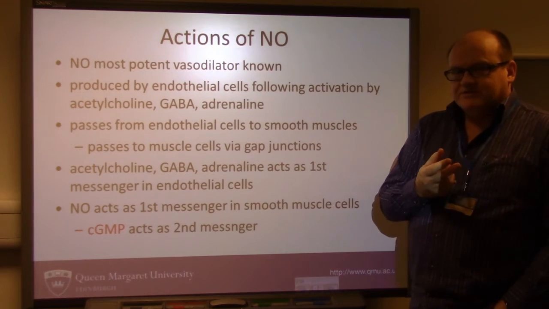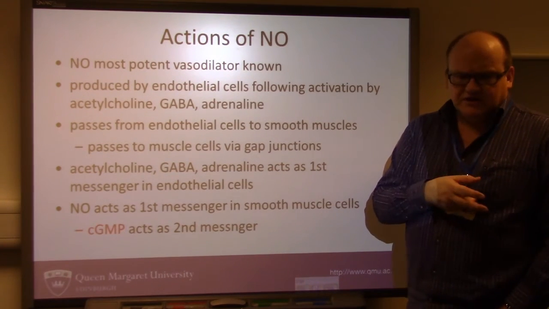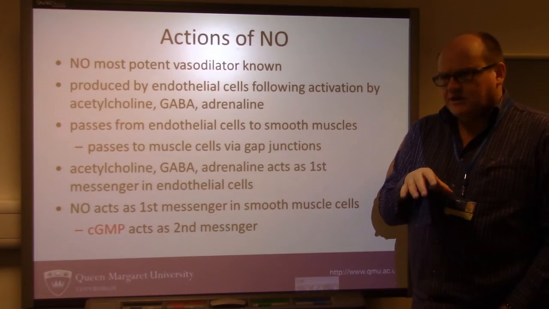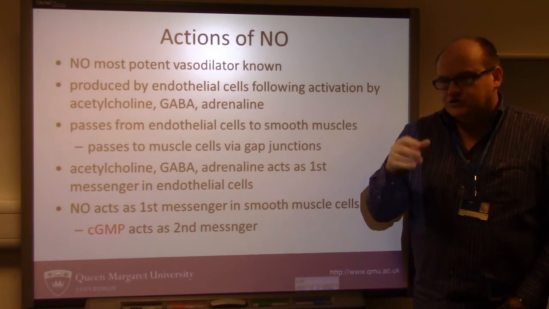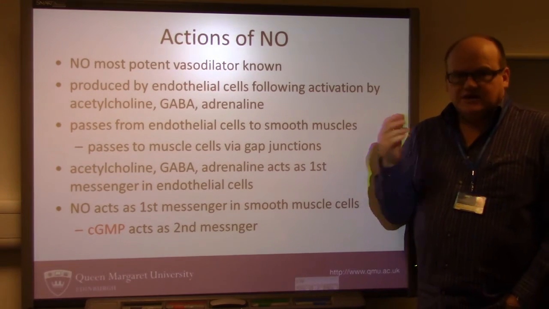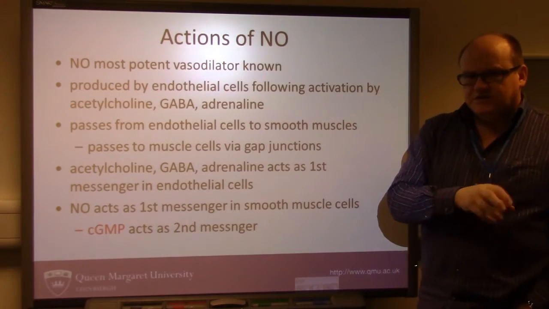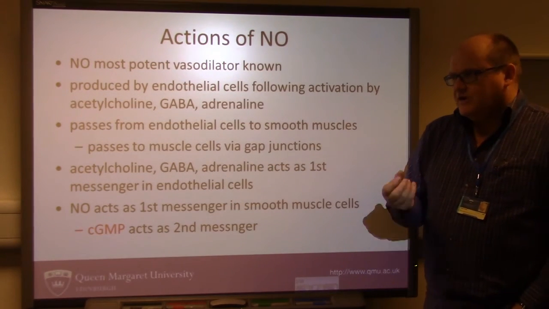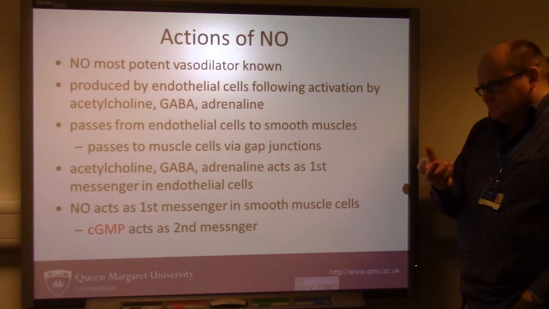So what happens is various neurotransmitters, for example acetylcholine, GABA, noradrenaline, act on their receptors, and on the blood vessels they stimulate the endothelial cells to produce and release nitric oxide. And the nitric oxide then passes from the endothelial cells to the smooth muscle cells and causes the smooth muscle cells to relax.